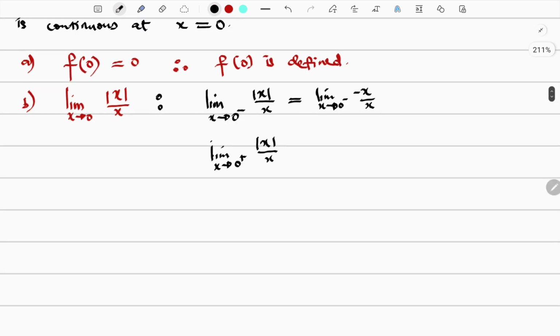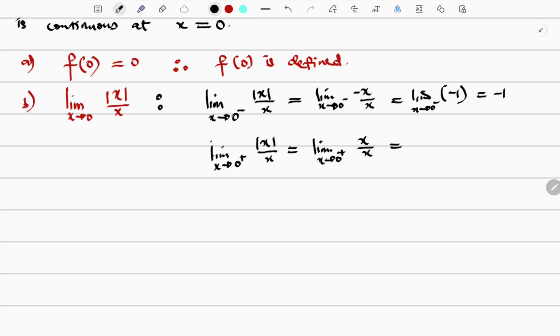So the limit as x approaches 0 from the negative of modulus of x over x is the limit of -1, which is just equal to -1.